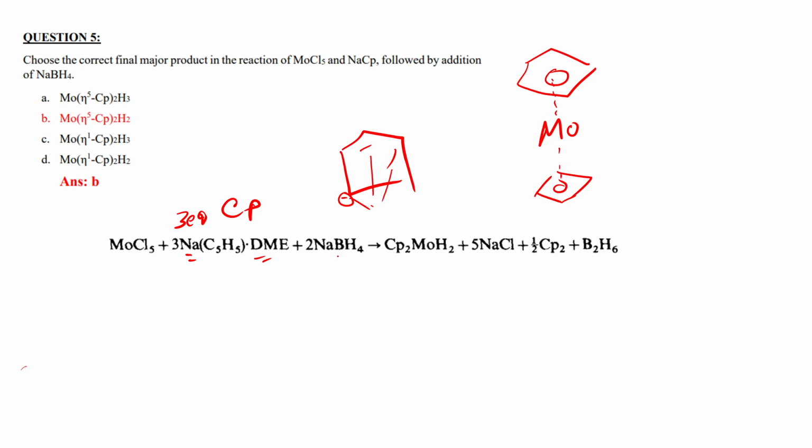It is reacted with your NaBH4, so an H minus source is there. So they interacted with molybdenum like this way, and you can have this kind of structure.